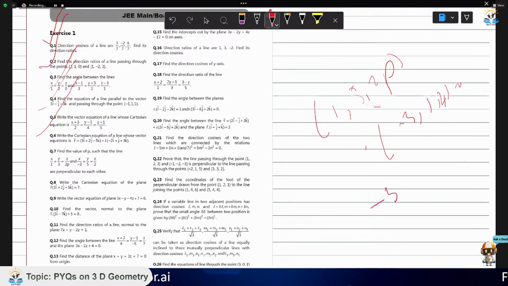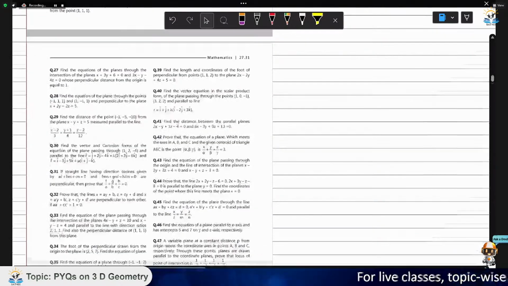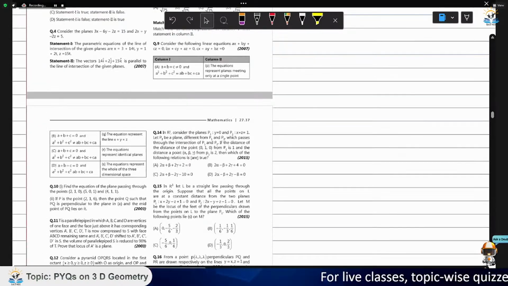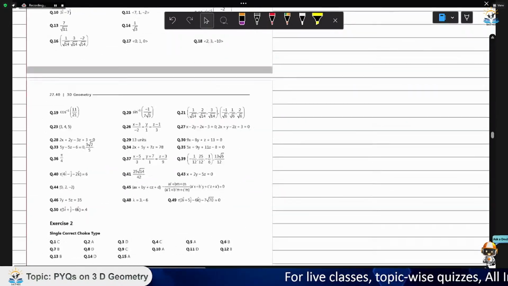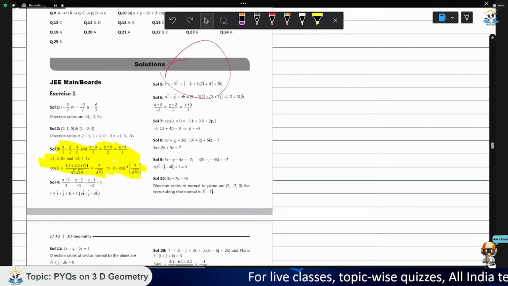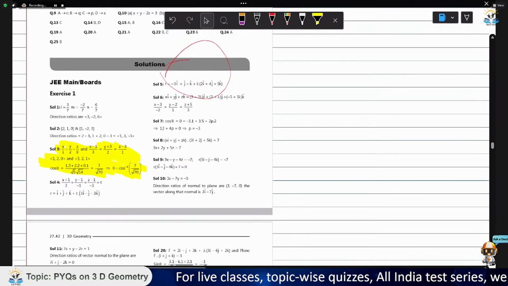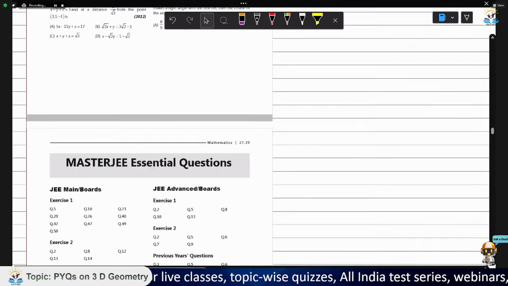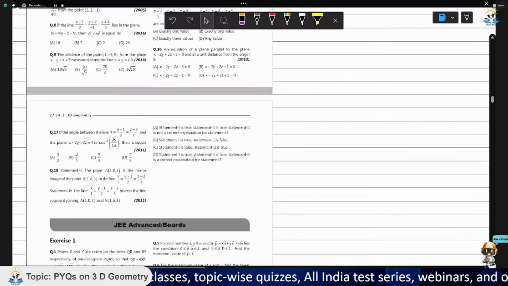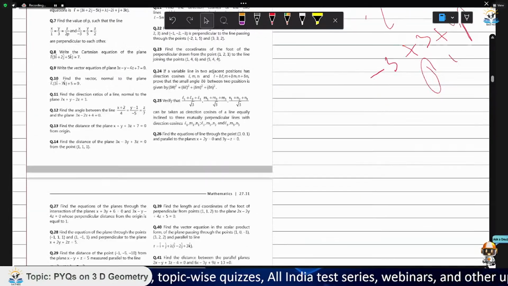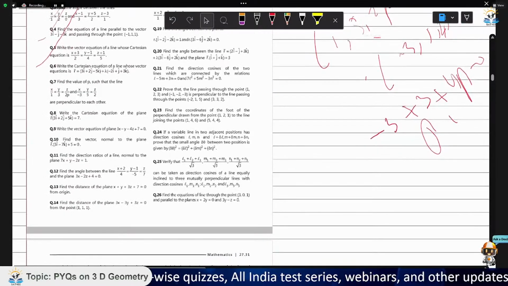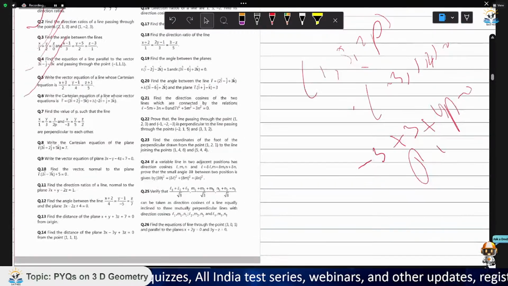So we have minus 3 plus 3 plus 4p should be equal to 0. So p becomes 0. Let me check the solution. Why is it 5 though? Okay, so it was 5. My bad handwriting again took me back.